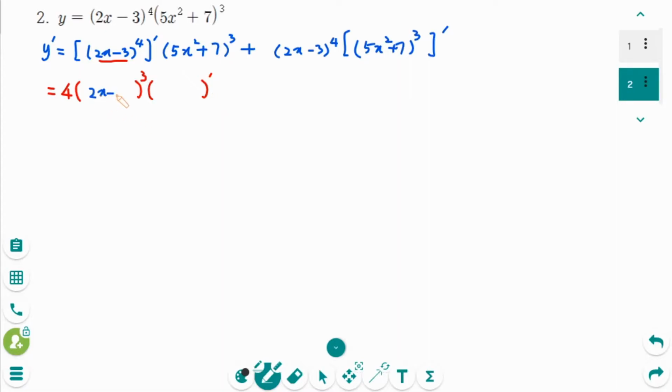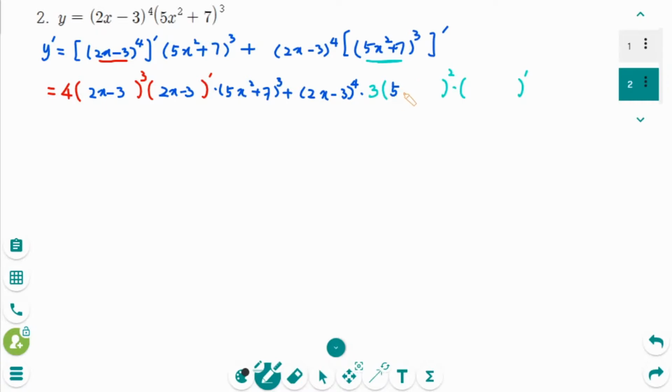Then keep the inner function, 2x minus 3, times the second part. Then for the second part, 2x minus 3 to the power of 4 times another u to the power of 3, so 3 times u to the power of 2 times u prime.